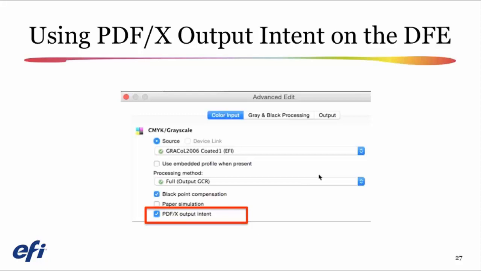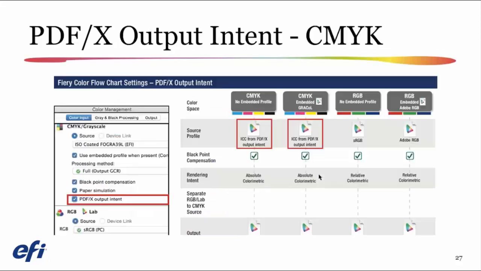So in order to use PDFX output intent on the Fiery DFE, I really need to do two things. First, I enable the option in the Advanced Color Input section to use the PDFX output intent. This causes the Fiery, if we go to our color workflow diagram, to use the ICC profile that is in the PDFX output intent as the source profile for CMYK.